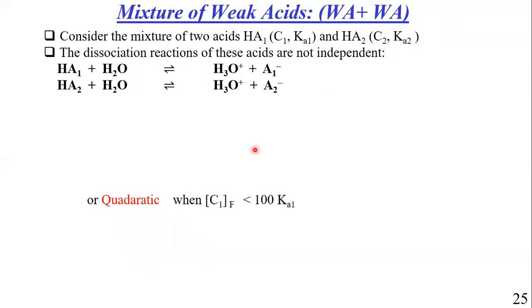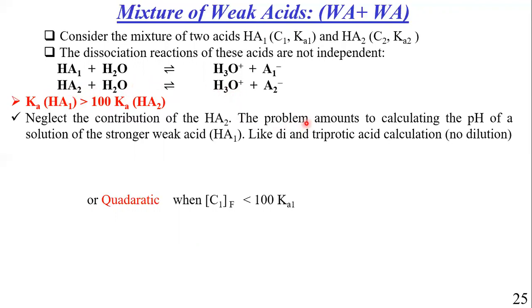Now, of course, very reasonably, if the Ka of the stronger acid, HA1 per se, is greater than 100 times the Ka of the weaker one, then this amounts to a simple monoprotic calculation, or even a single acid calculation, as if I don't have a mixture at all.